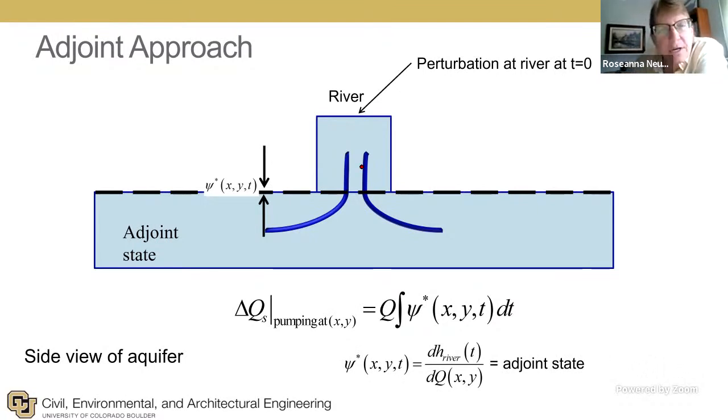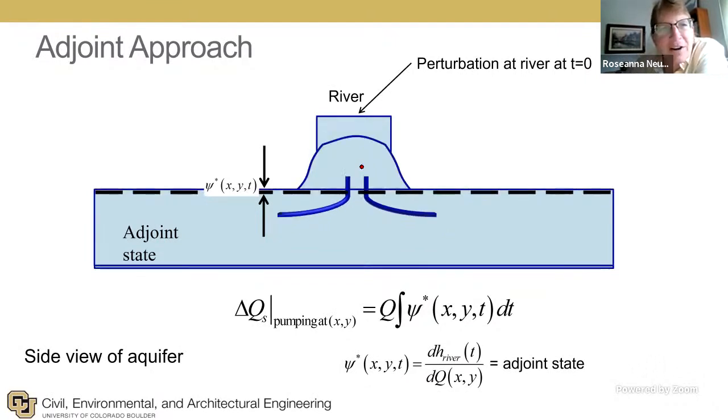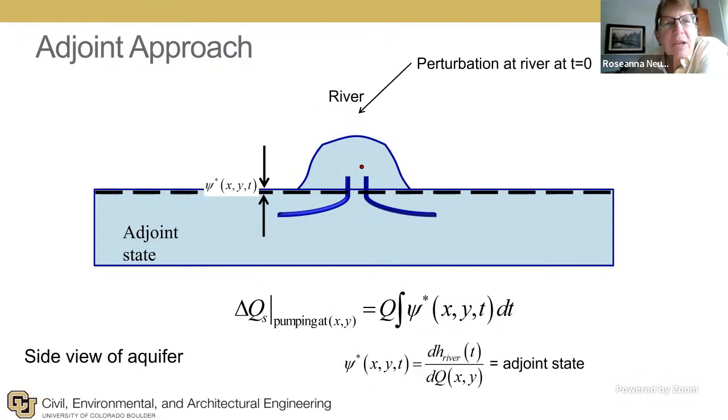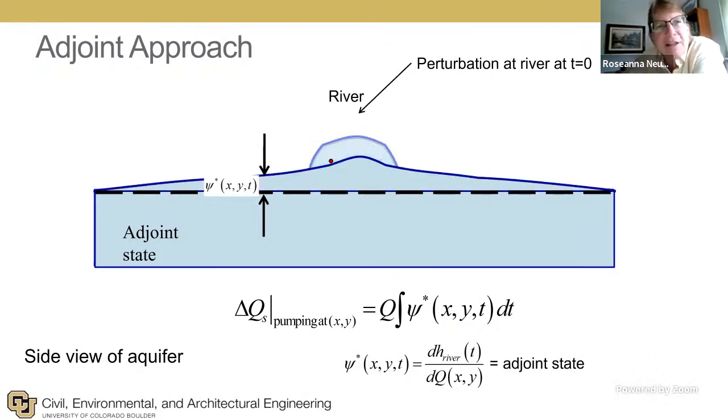And I'm just going to show here a little bit of an animation where, at some later time, that initial perturbation gets distributed into the aquifer, and then at some later time, that gets distributed farther. And what I'm showing here with these arrows is what we call the adjoint state. All this is that initial perturbation distributed through the aquifers.